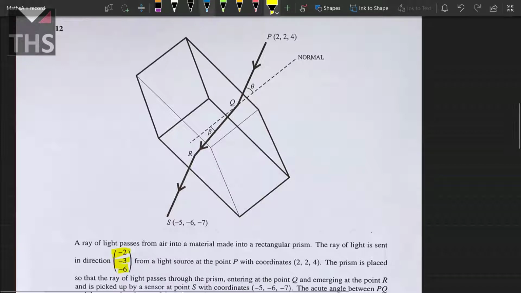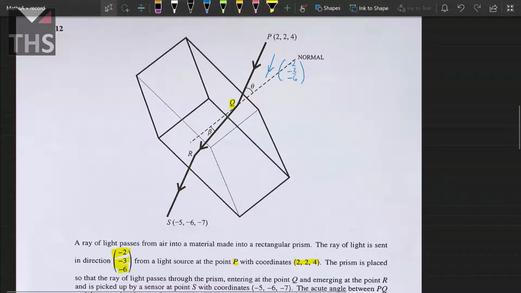So this is the direction vector that they are talking about. Okay, this direction vector, -2, -3, -6. Okay, this is the direction vector, and it's from this point P. So it's projected from this point P in these coordinates, and it reaches this point Q here.